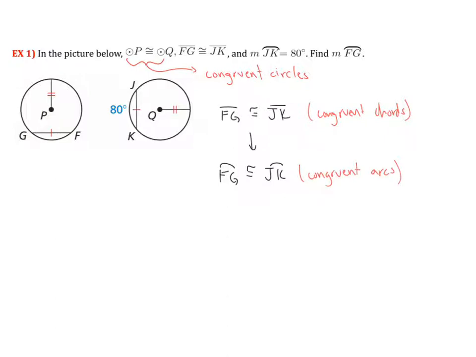Now, another piece of information they gave us in the problem was that the measure of arc JK is equal to 80 degrees. But from the theorem, we were able to conclude that the two arcs, arc FG and arc JK, are congruent, which means that if we know the measure of arc JK, then we also know the measure of arc FG, which is also going to, of course, be 80 degrees. So that right there is our final answer for this particular problem: the measure of arc FG is 80 degrees.